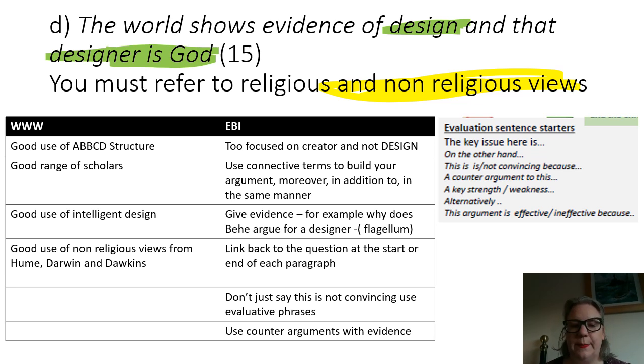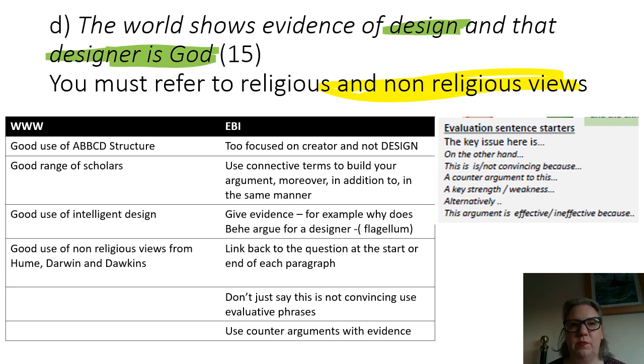I'd like to see more of you using those connective terms that we've just spoken about in the part C. Educas love those, and it's a sign that you're stacking up the evidence. So words like moreover, in addition to, in the same manner. Third, give evidence to support what you are saying, whether that's biblical evidence or a scholar or thinker and what evidence they use.